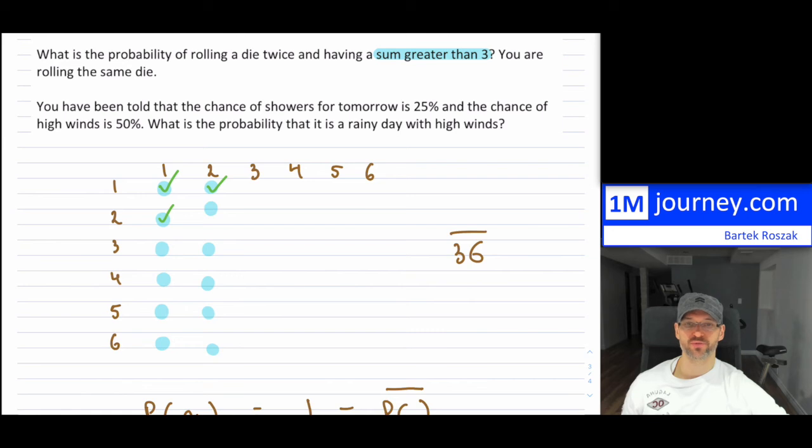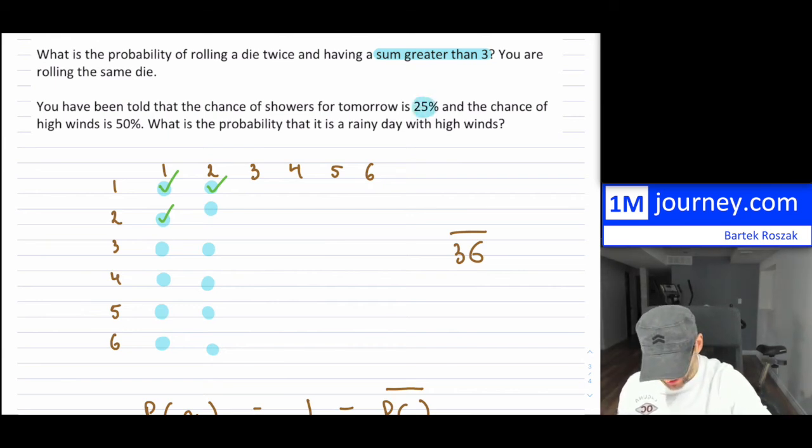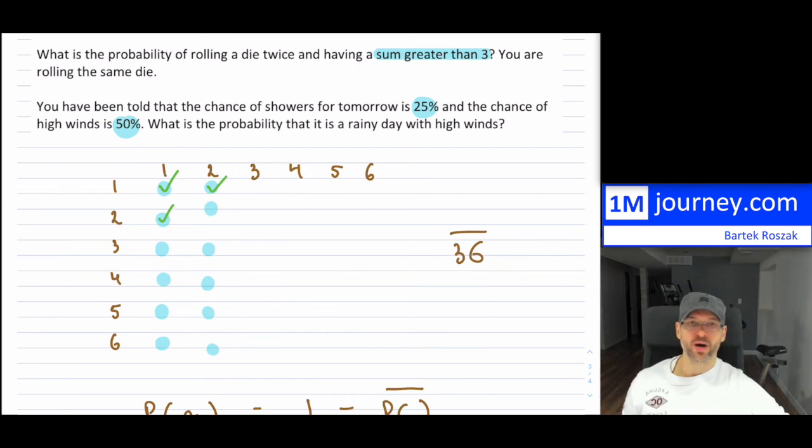Showers are a 25% chance and high winds are 50%. Here it's asking, what is the probability that it is a rainy day with high winds? That means this happened and this happened. So how do I get the probability of the entire thing based on this information?